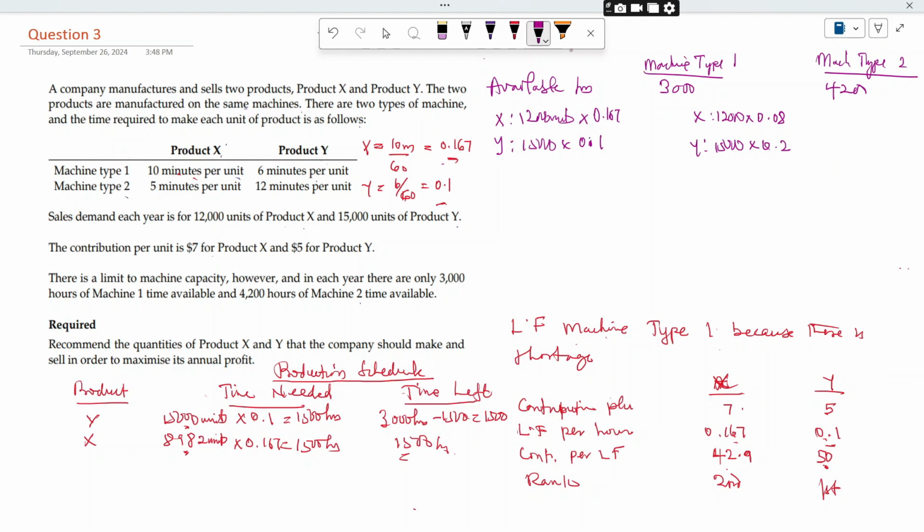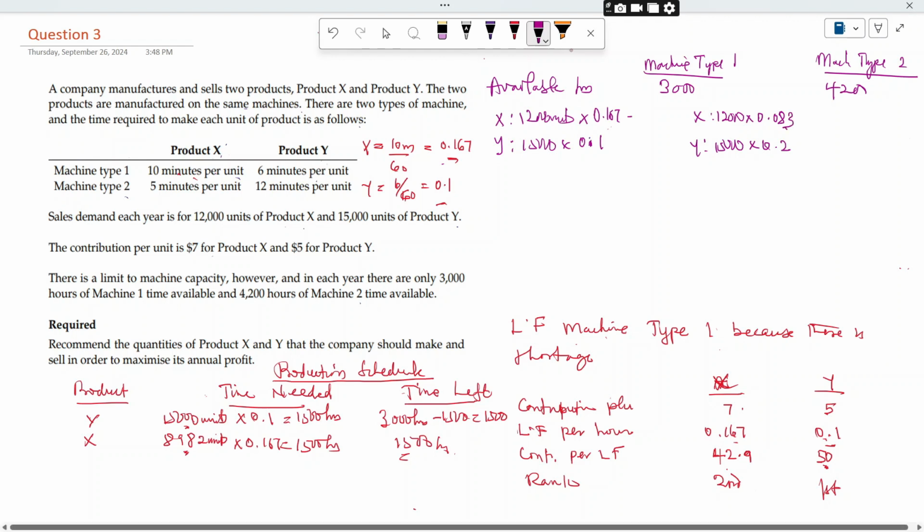Look, I made these 3 decimal places, so I need to also make this one 3 decimal places. So here is 6 divided by 60, and 5 divided by 60, which is 0.083.